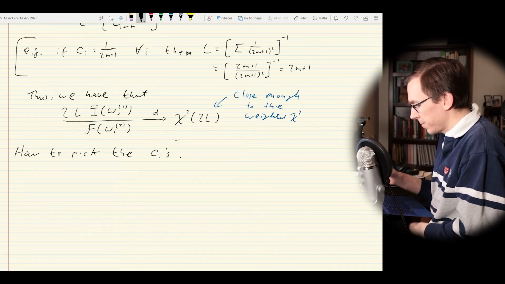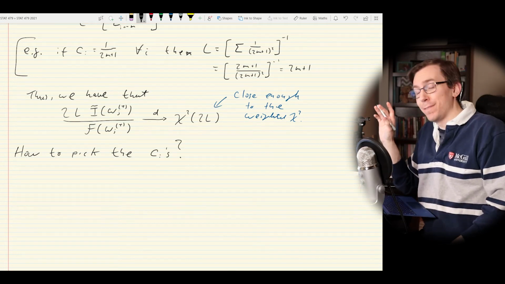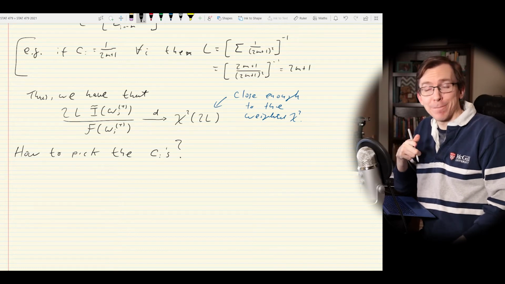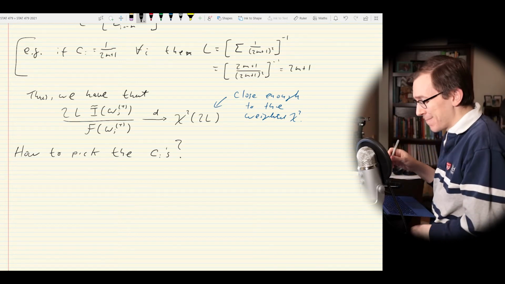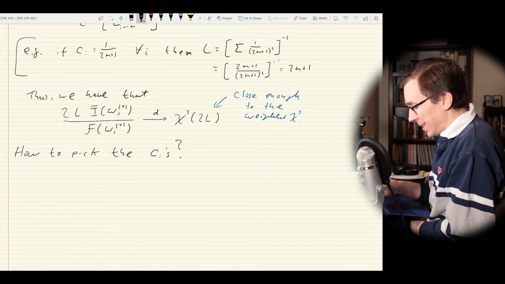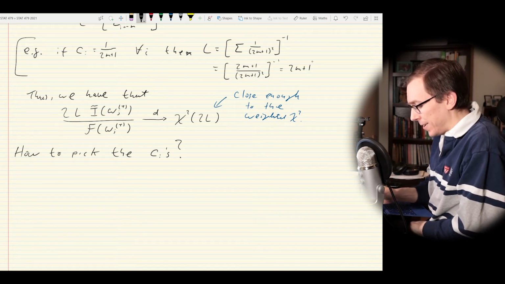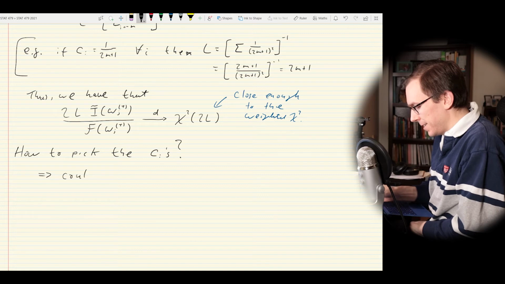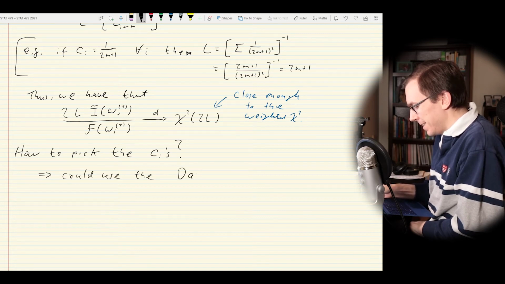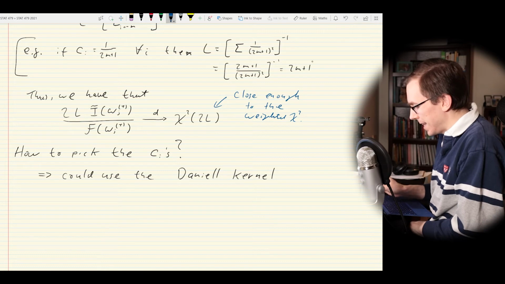Well, if you look at some of the functions in R, which we will look at probably in the next lecture, one of the terms that you'll see being thrown around in the documentation is that we could use the Daniel kernel, which then leads to the question of what's the Daniel kernel.